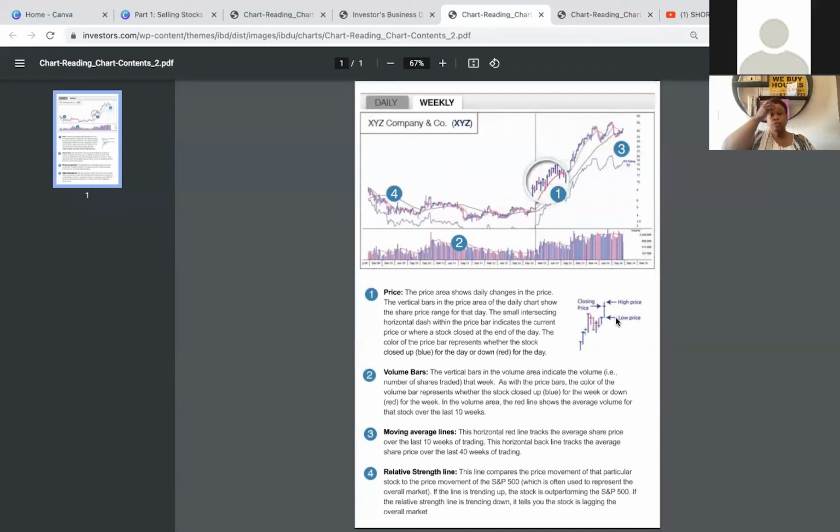Because if you notice from the day, sometimes there's movement before the stock market opens, and from the time it closes, it's either going up or down because you have buying and selling going on.